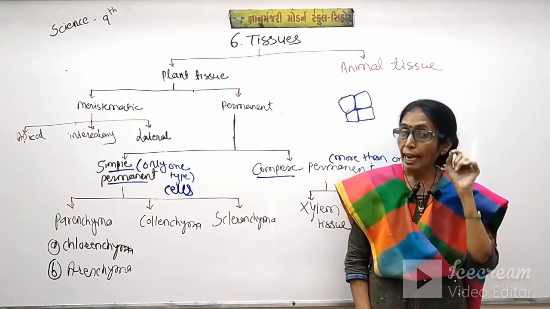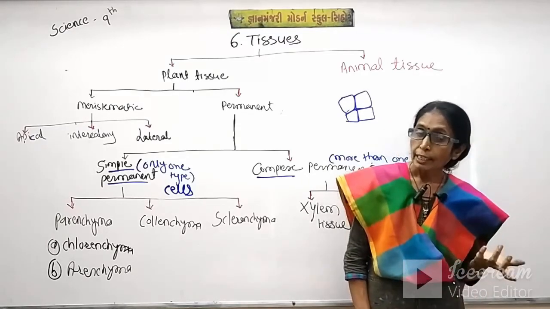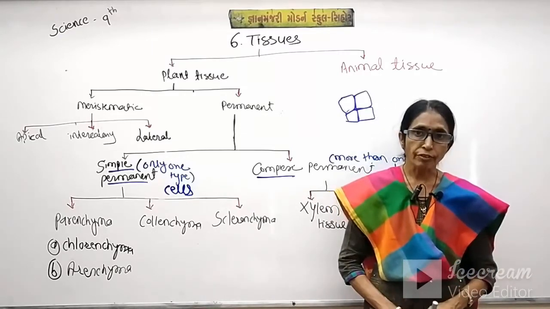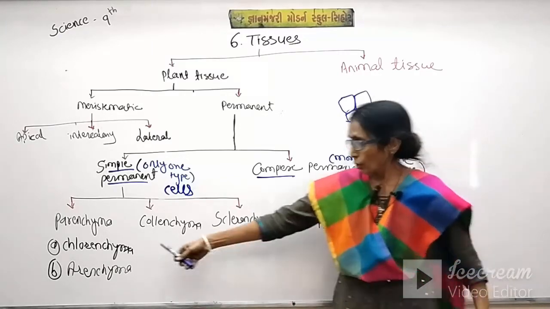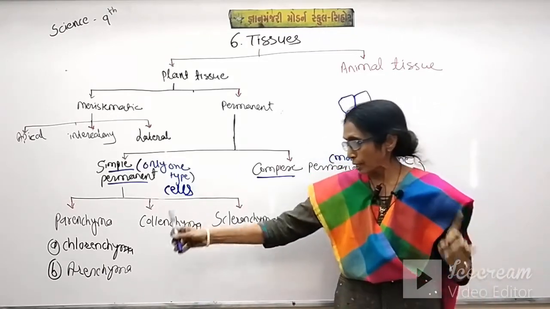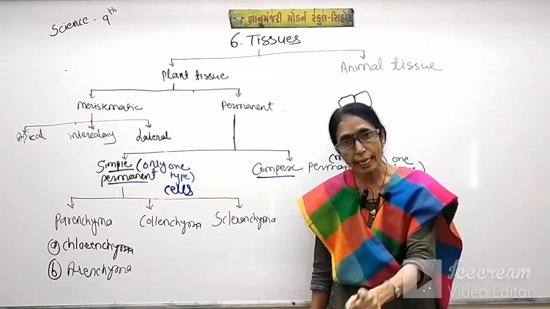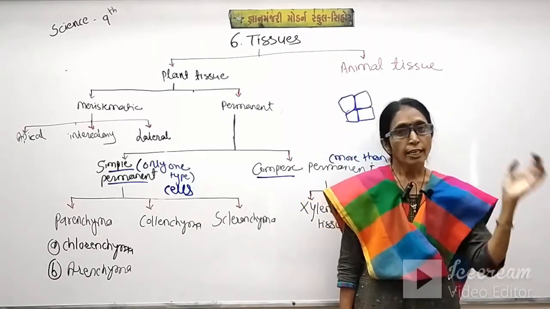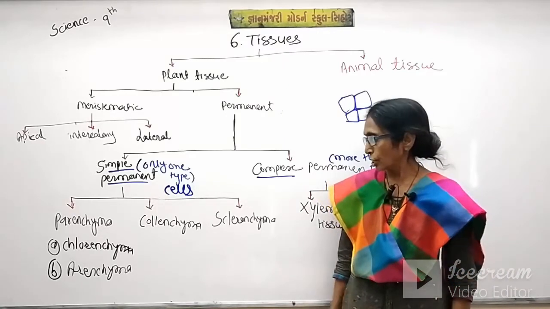Because they have the air cavity, their density decreases and they can easily float on the surface of the water. And if parenchyma possess chlorophyll, then they are called chlorenchyma, and they do the activity of photosynthesis. They prepare the organic food.